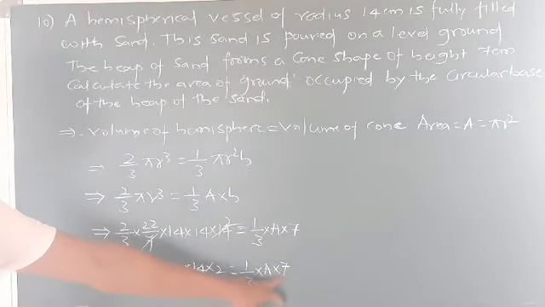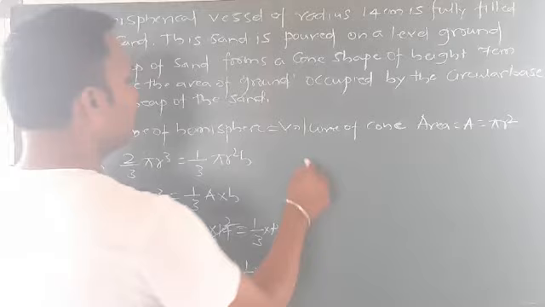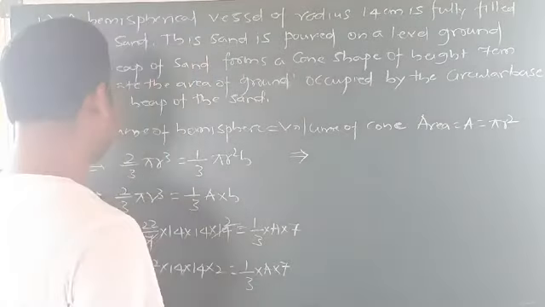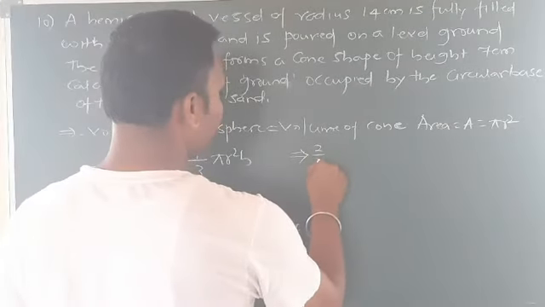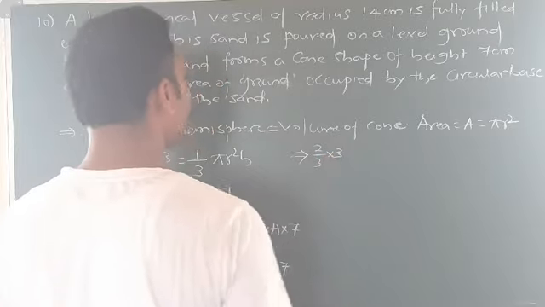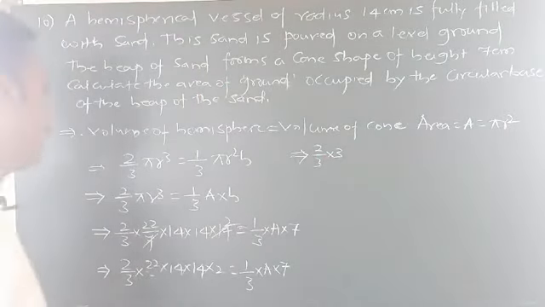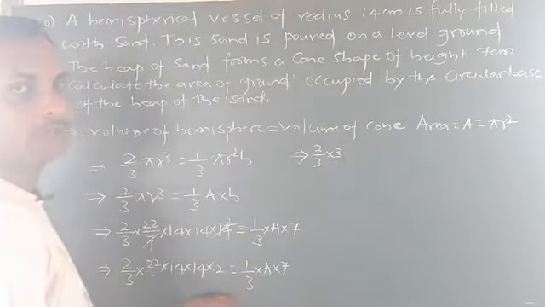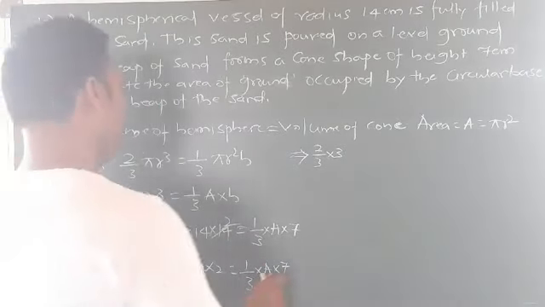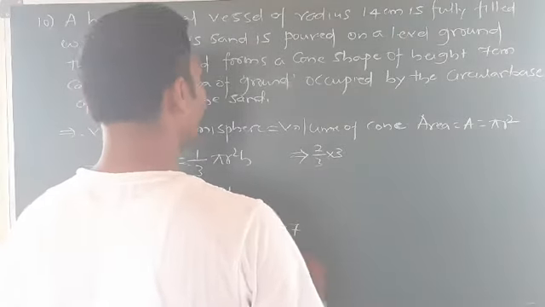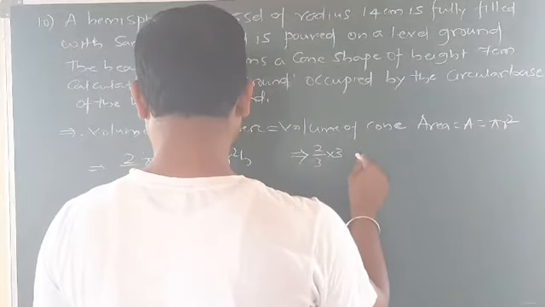Now this 3 and 7 we take to this side. So once we take them across, it is 2 by 3 into 3. This 3 will come upside, since a denominator moved to the other side becomes a numerator.